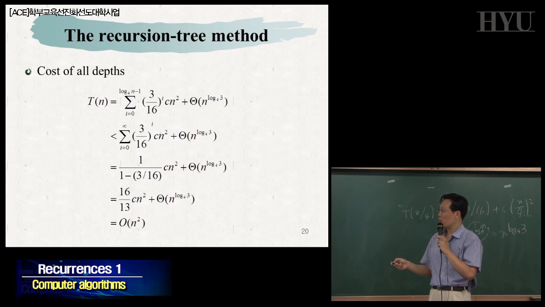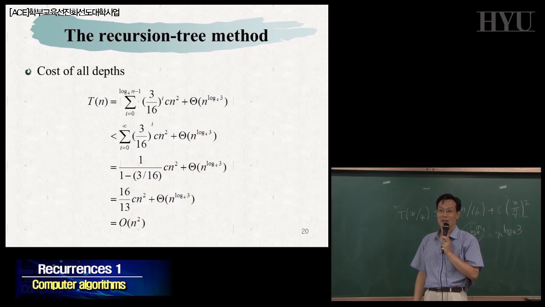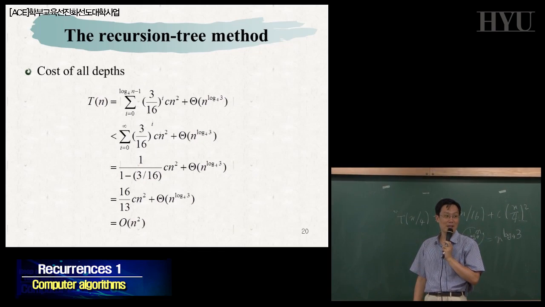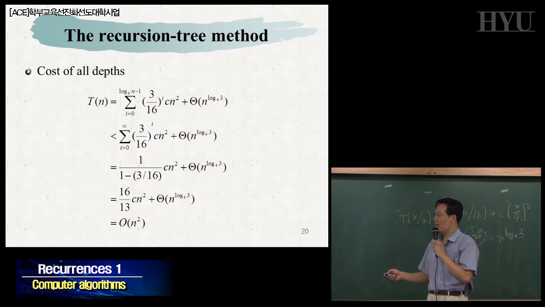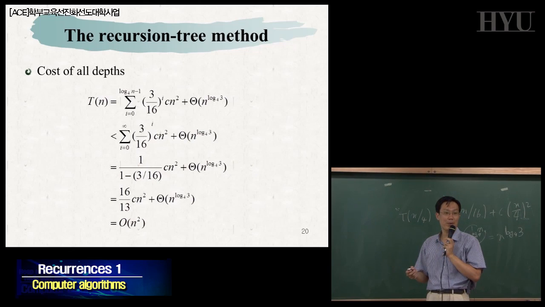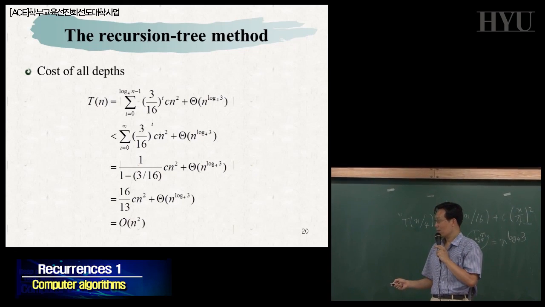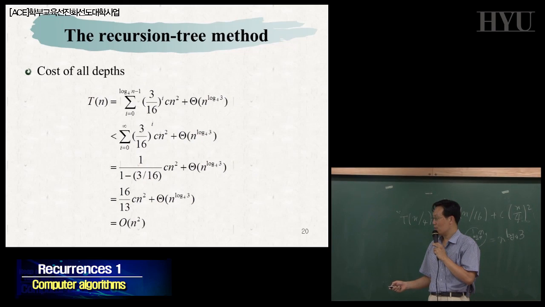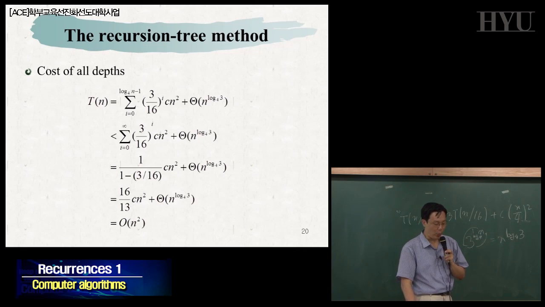So instead, we add all these terms when i goes to infinity. Okay? And then the calculation is simpler. It is like this. So it is 16 over 13 cn squared plus theta n to the log 3 base 4.